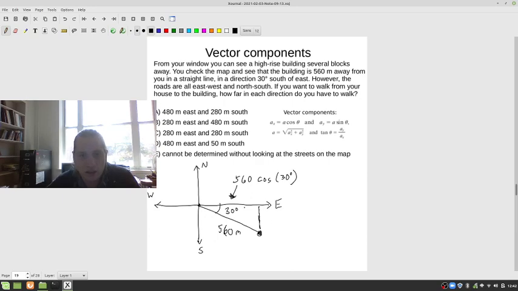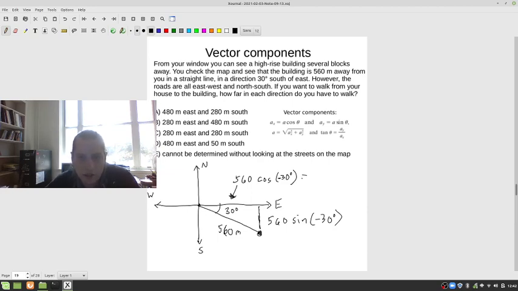And in fact, if you wanted to think about this as a 0 to 360 type of situation, I might even put a -30 there, because it's 30 below, and then this would be 560 times sine of -30, and then you get a distance in x.